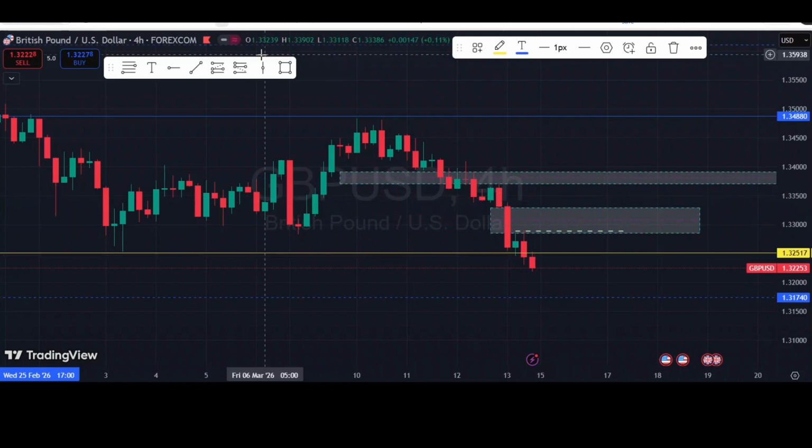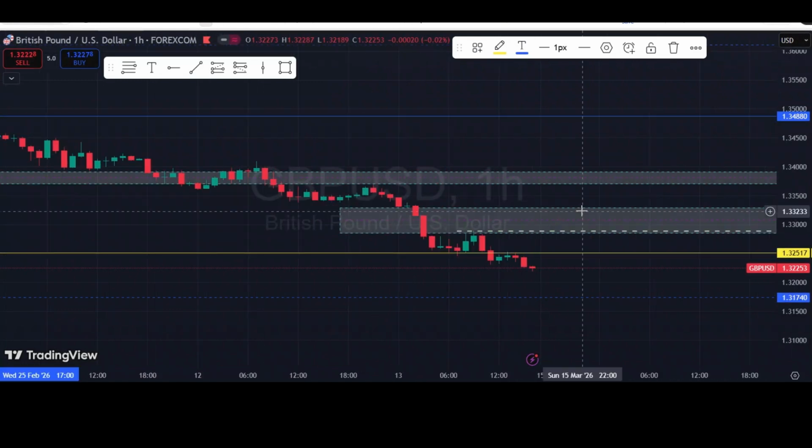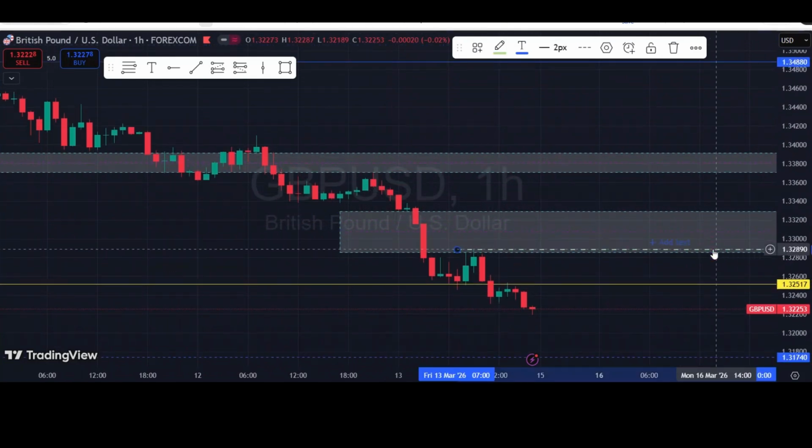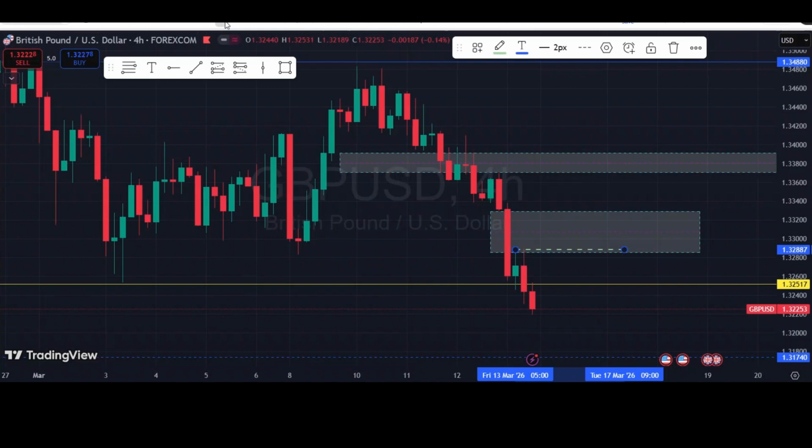The first area of reaction will be on the previous week highs, which would be this particular level, the 1.3288, which is also a fair value gap on the 4 hour. And if price continues more, we might see a reaction here.